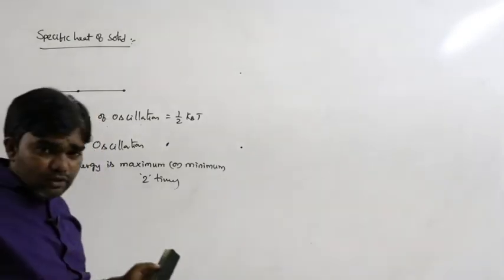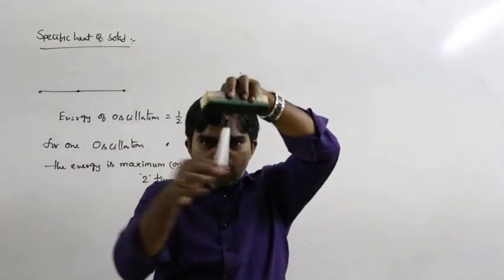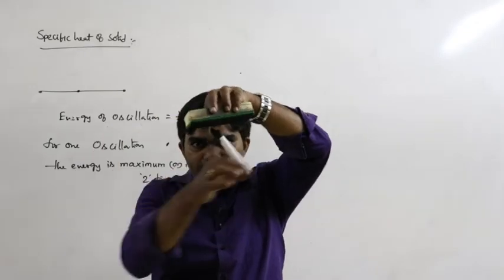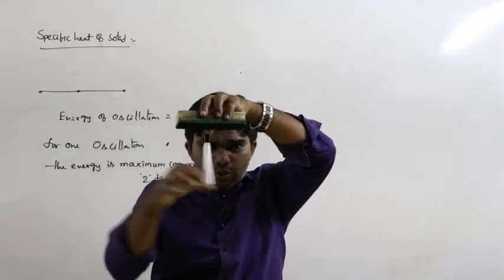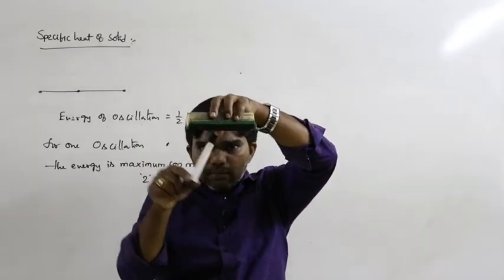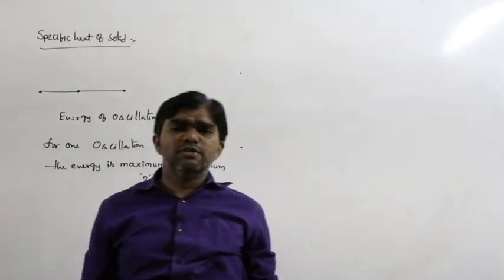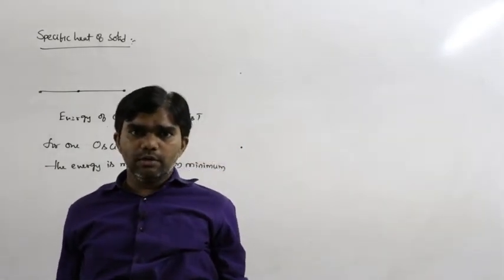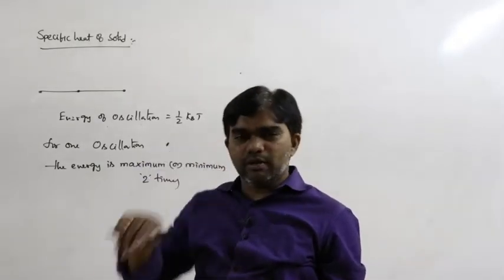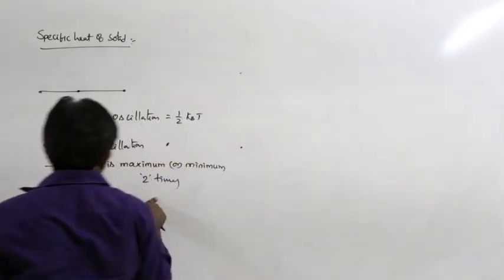Think of the simple pendulum making oscillations: mean, extreme, extreme, mean. While the body is moving from one place to another, the energy changes. So during one oscillation the energy is maximum 2 times and minimum 2 times. That's why this is 2 times.